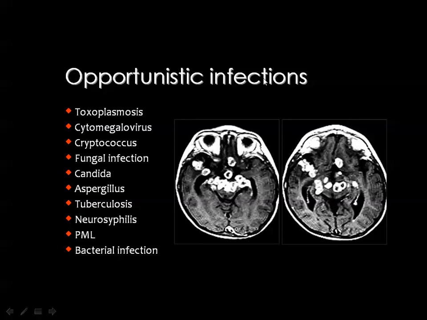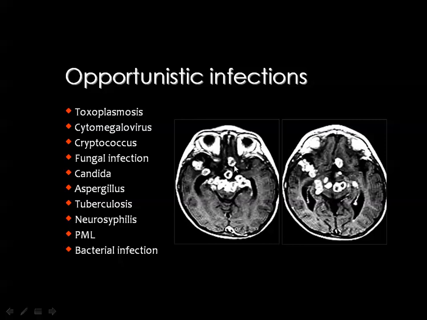These are the opportunistic infections which may be encountered in patients with HIV infection, like toxoplasma, cytomegalovirus, fungal infections like Cryptococcus, Candida, Aspergillus, also TB, syphilis, progressive multifocal leukoencephalopathy, and some bacterial infections.